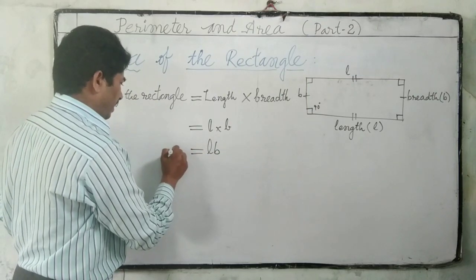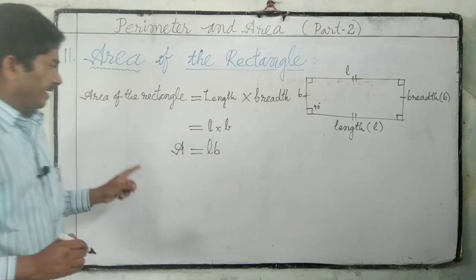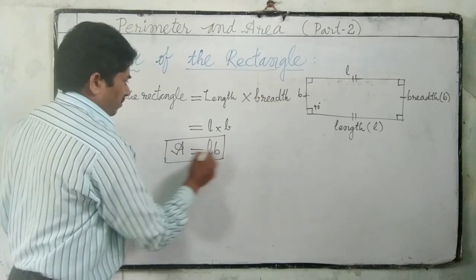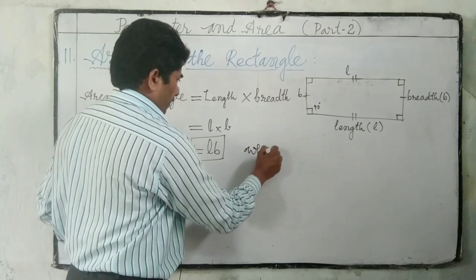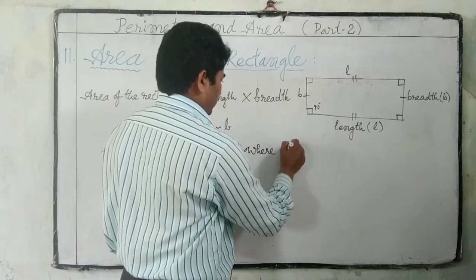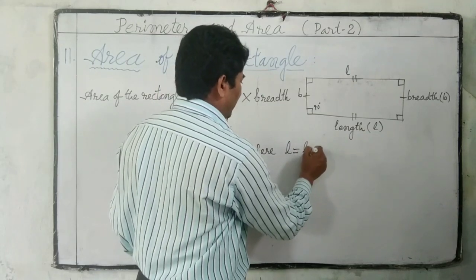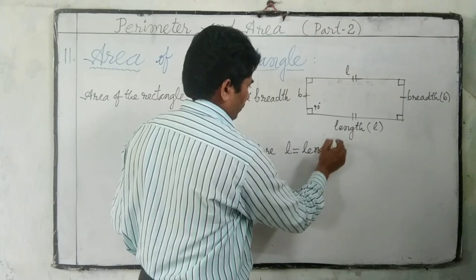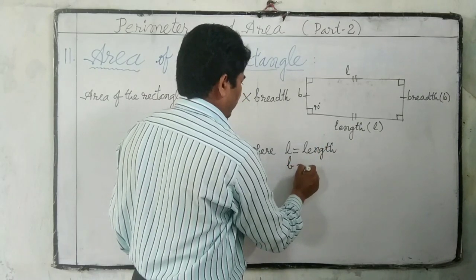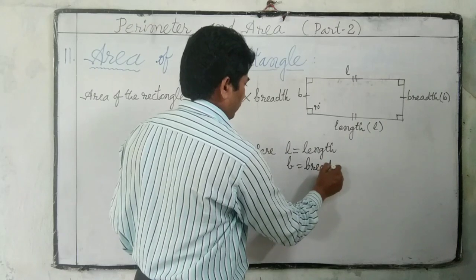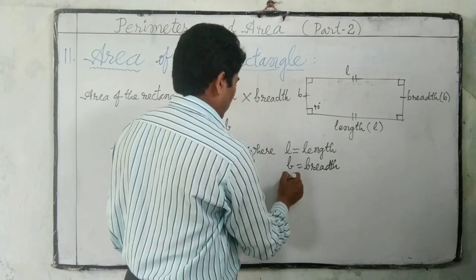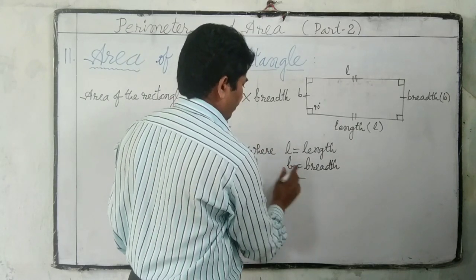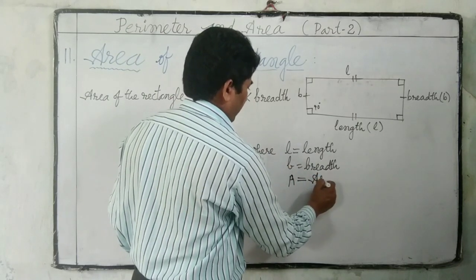This is area. Area of the rectangle A is equal to length into breadth, where here L is length, B is breadth, and A is area.